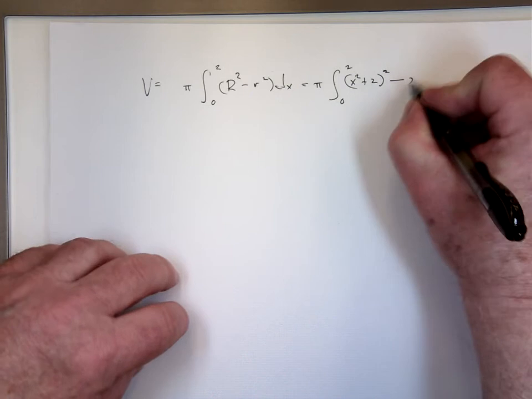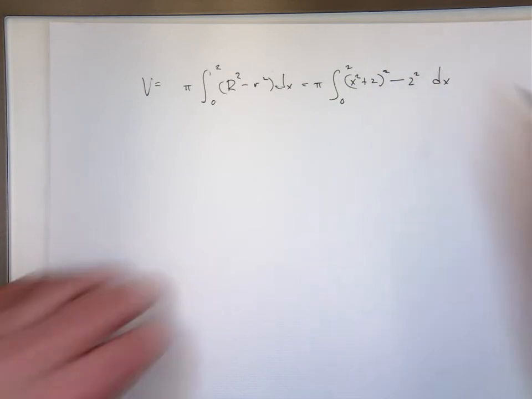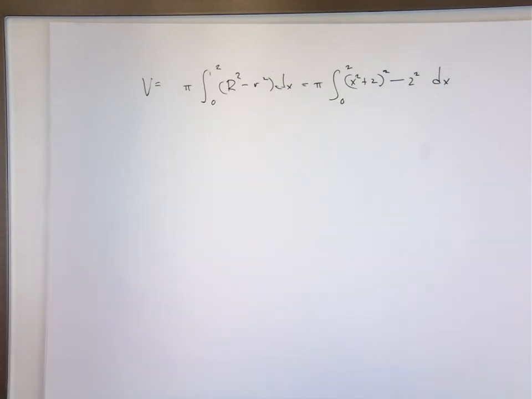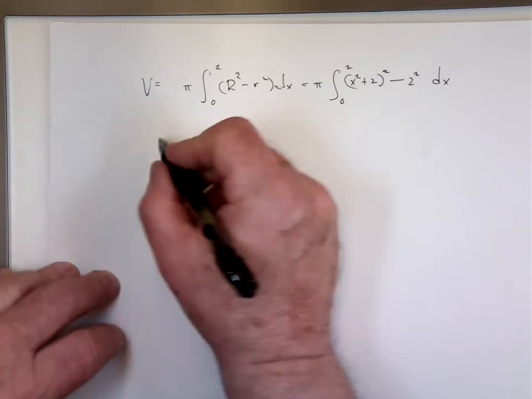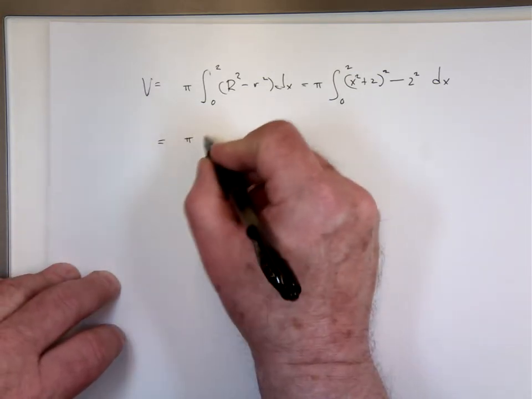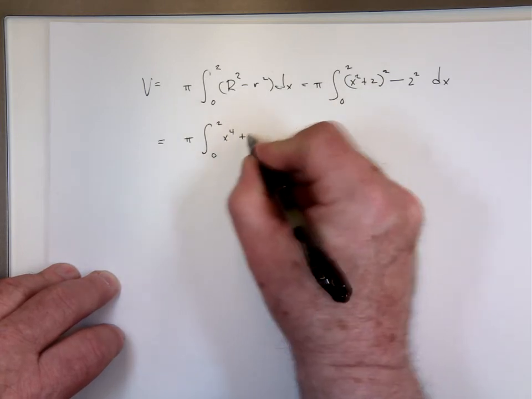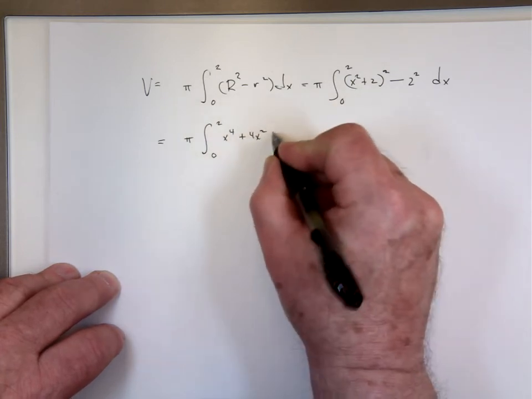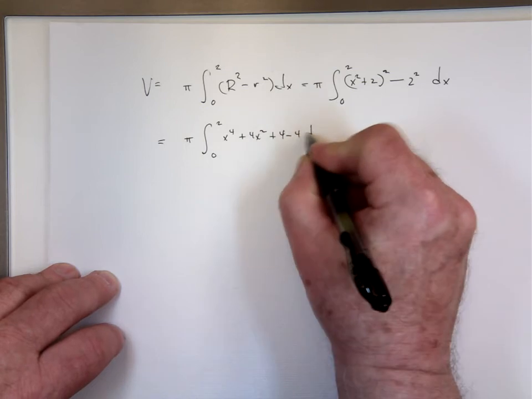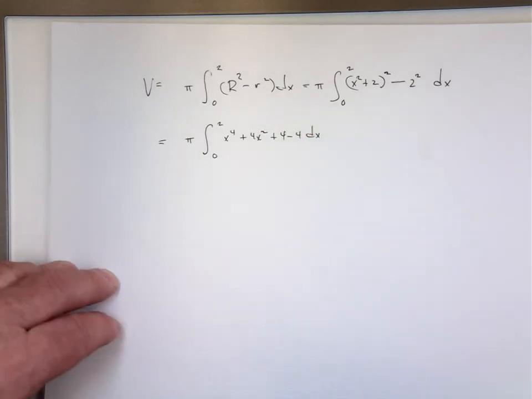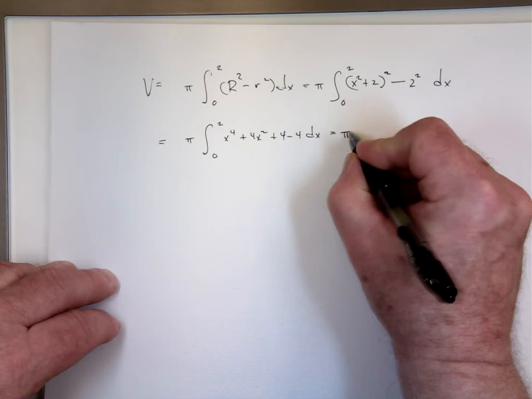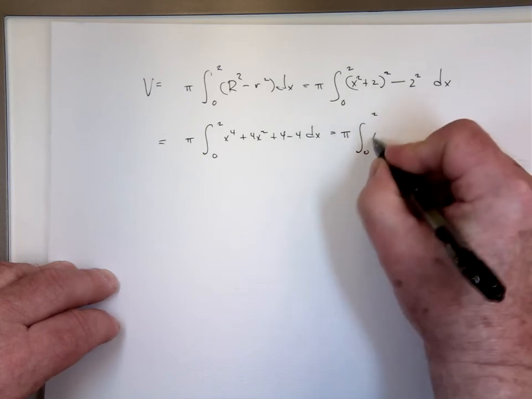This integral will give us the exact volume of that solid of revolution, the thing with the hole in the middle. That's equal to pi, integral from 0 to 2. Multiply it out: x to the 4th plus 4x squared plus 4 minus 4, equals pi, integral from 0 to 2 of x to the 4th plus 4x squared dx.